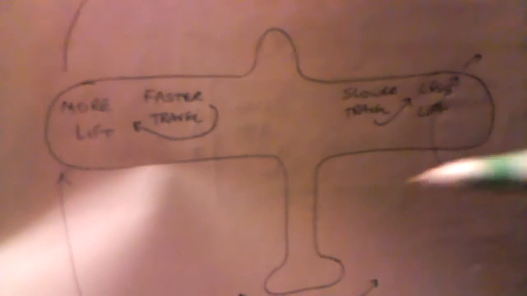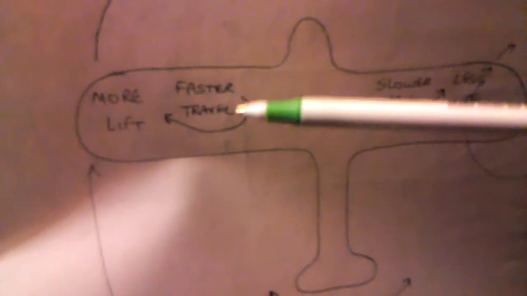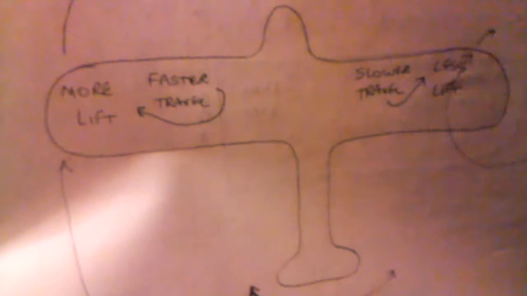And so the left wing is going through the air faster than the right wing. Just to put this in a clearer drawing, to show the whole airplane: you're yawing to the right, so the left wing is traveling faster, and what this means is that it's creating more lift, because the faster you accelerate a wing through the air, the more lift it's going to produce.